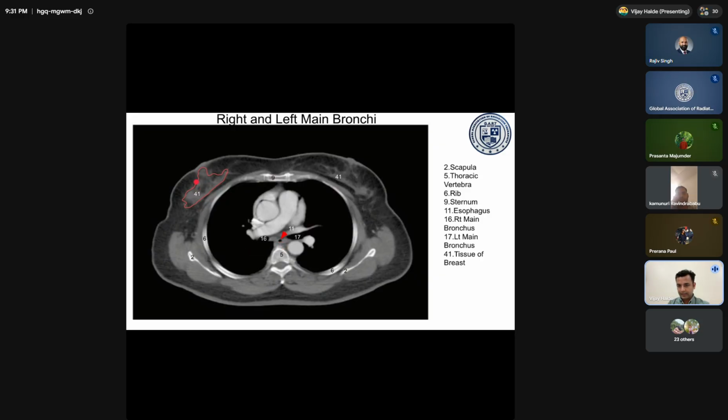Breast tissues are clearly seen. The other side is not contoured to show the breast tissues. The esophagus lies posteriorly. At this slice, the esophagus is also a very important landmark if it is not a carcinoma esophagus patient.